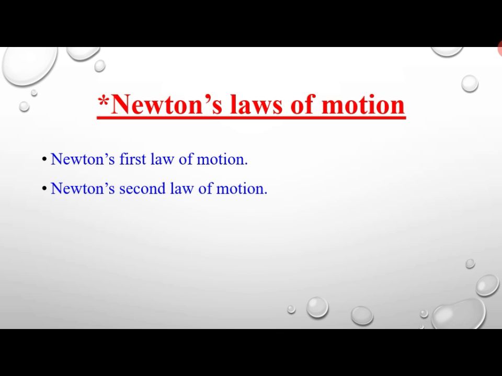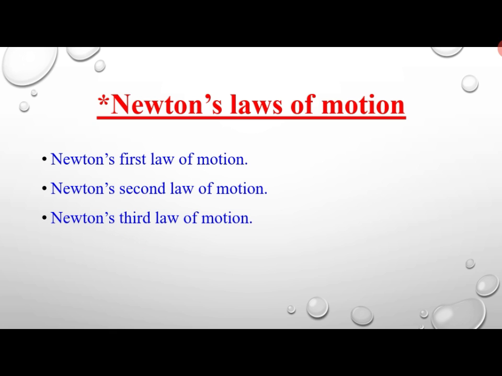Newton's second law of motion gives the definition of applied force in terms of mass and acceleration of the object. And Newton's third law of motion explains the effect, that is action and reaction of an applied force. That is, for every action there is an equal and opposite reaction.